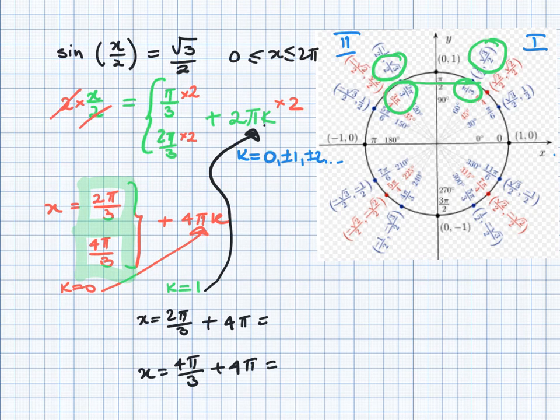Now, we can see that we are actually adding 4 pi to both, and plus 4 pi is definitely outside our domain. So I won't be bothered calculating this, because definitely there are no solutions for this sine equation. So we only have 2 pi over 3 and 4 pi over 3 within our domain.